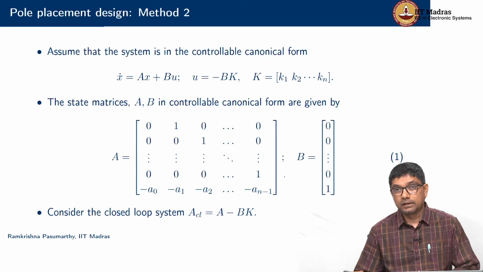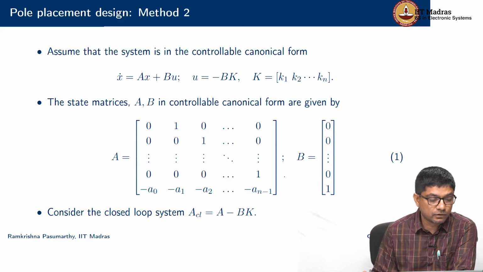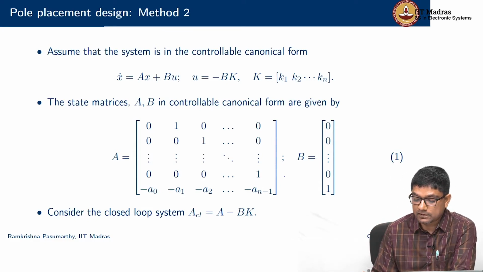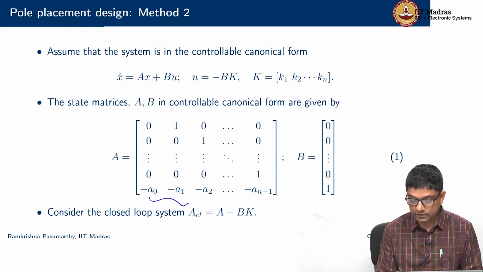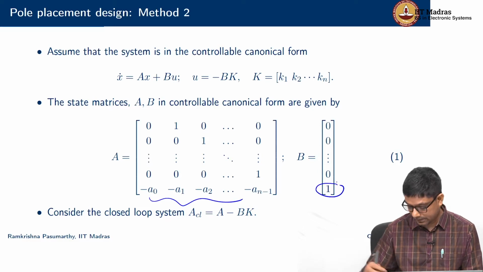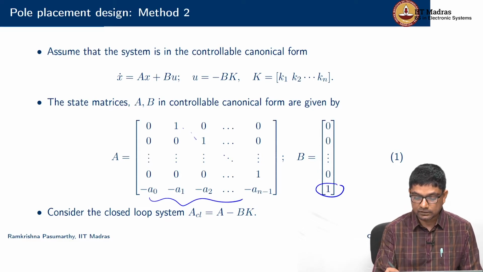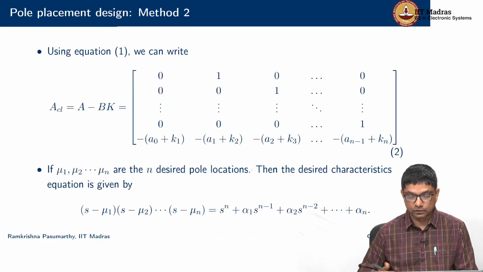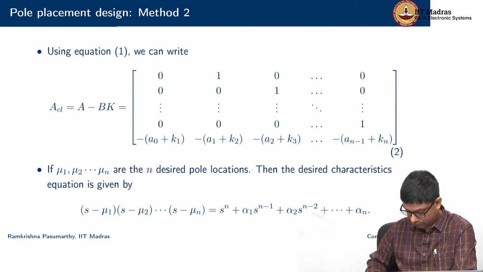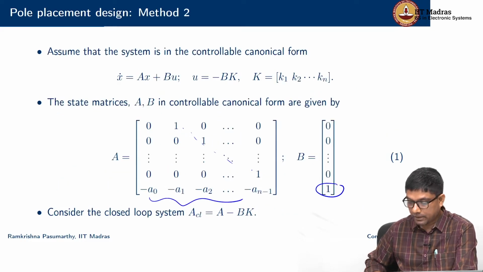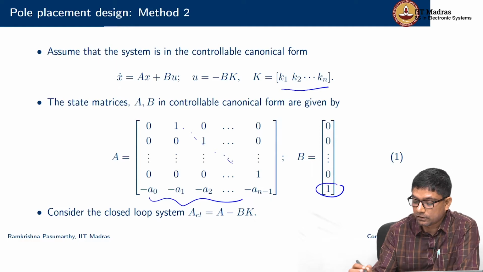Okay, the second method is a little interesting. We start with the assumption that the system is in the controllable canonical form, which means all the coefficients just show up here. B has only one entry at the end, and each other row has just a one. A simple substitution would show that for A minus Bk, k is of this form.